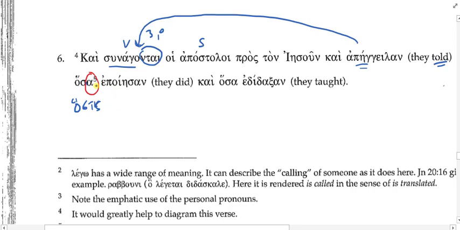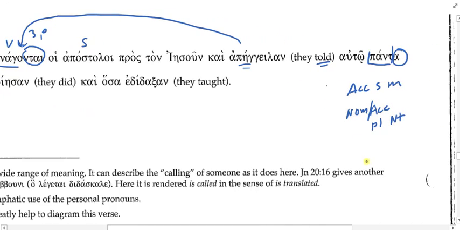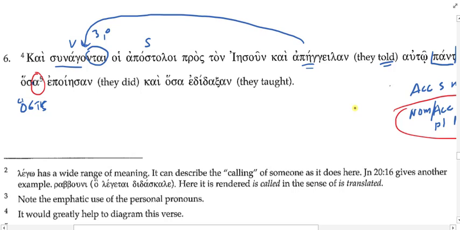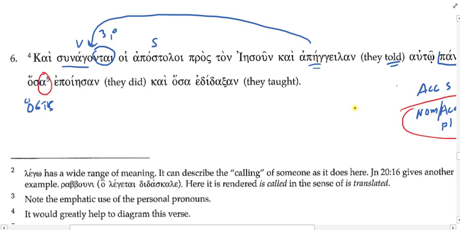So this is neuter plural, nominative or accusative. Okay, and that's going to commit me to that understanding of panta, meaning all things or everything. Everything which, or everything whichsoever, but probably just everything which epoiēsan they did.